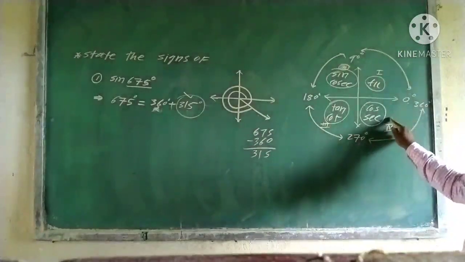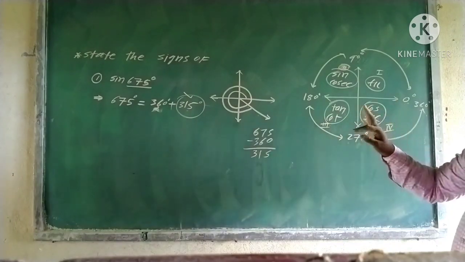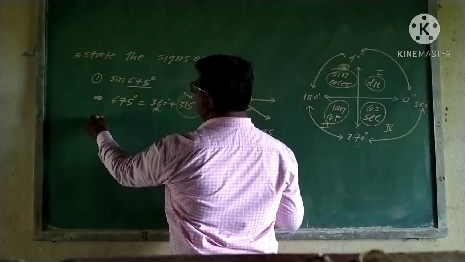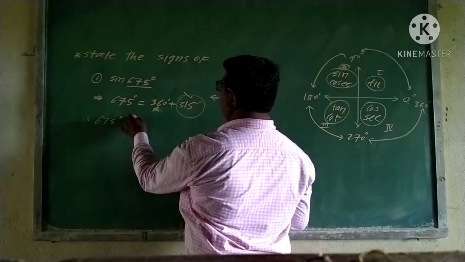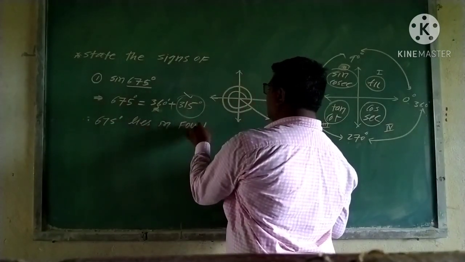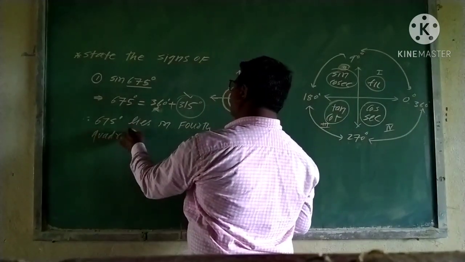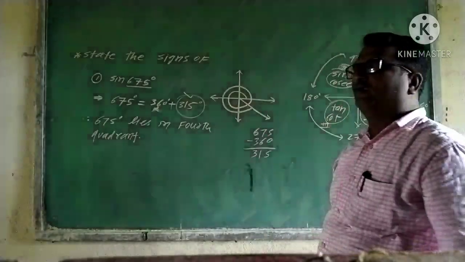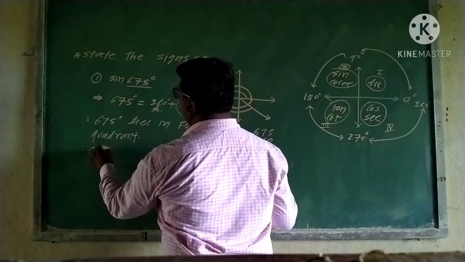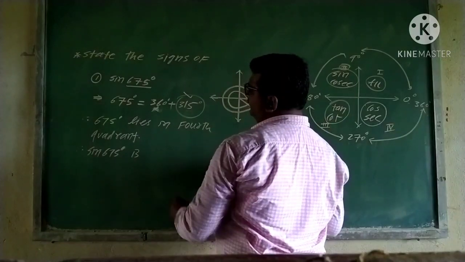In the fourth quadrant only cos and sec are positive, and sine is negative. So 675 degree lies in the fourth quadrant, so sine of 675 degree is negative.